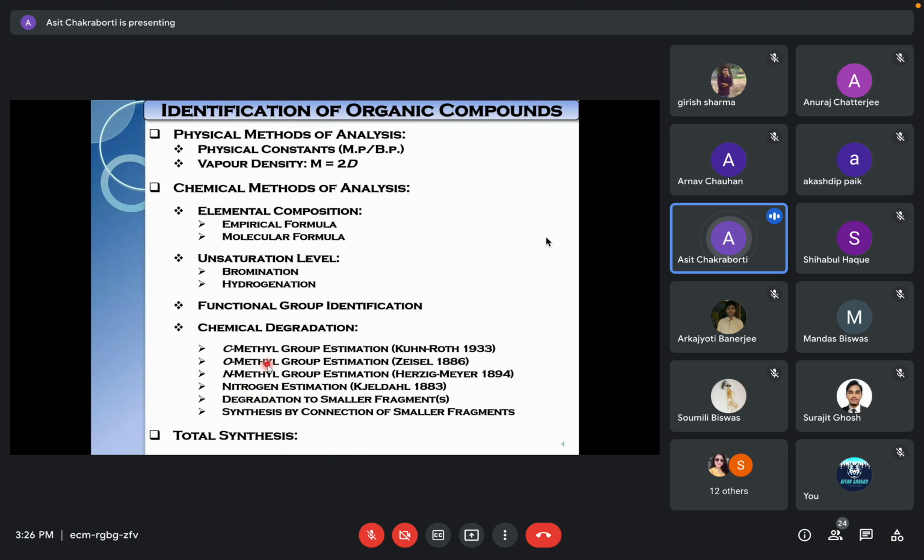When it is attached to a carbonyl group, it generally comes above 2: 2.1, 2.0, and so on. If it is attached to a double bond, it is always less than 2, from 1.5 to close to 2. And when it is attached to a saturated carbon, it hardly goes beyond 1, maximum 1.01. Generally it comes at 0.9, 0.8, so less than 1, right?